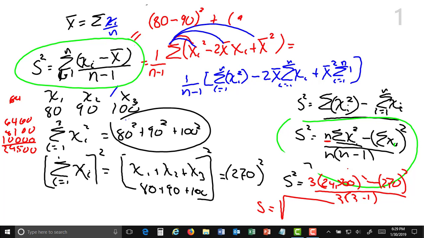Plus 90 minus 90, squared, but that's just 0, right? Plus, and the last one is 100 minus 90 squared, right? All of that is going to be divided by n, which is 3, minus 1, which is 2. Okay. So if you're so inclined, those two numbers should come out the same. It's just a different way of writing it.